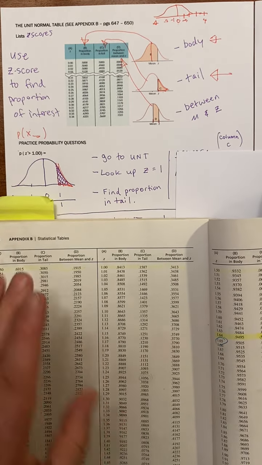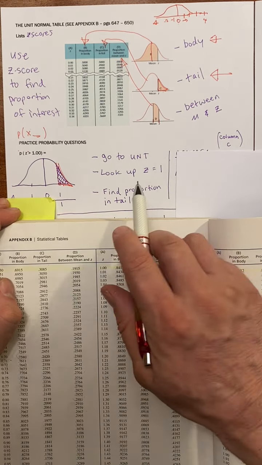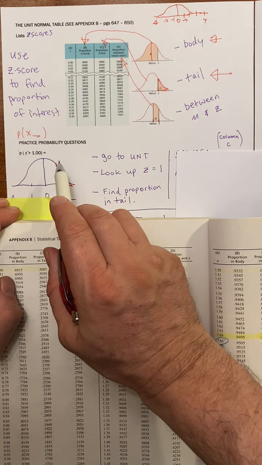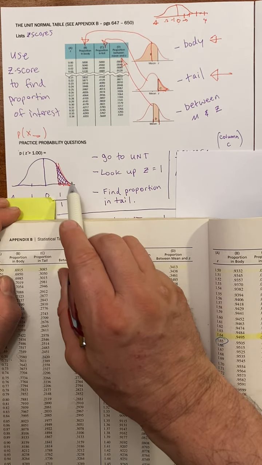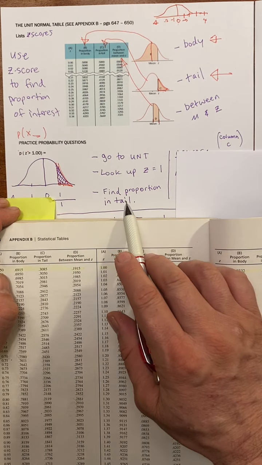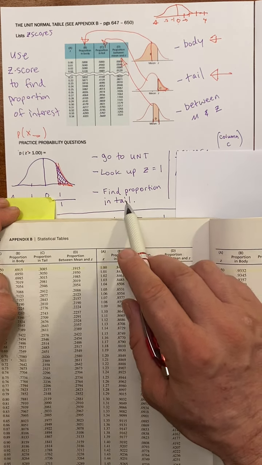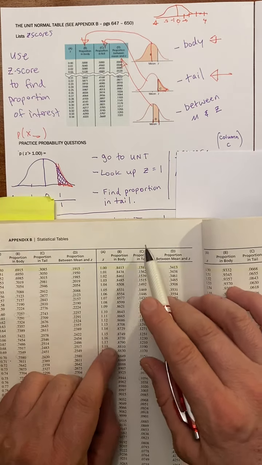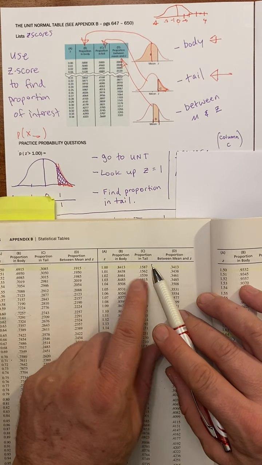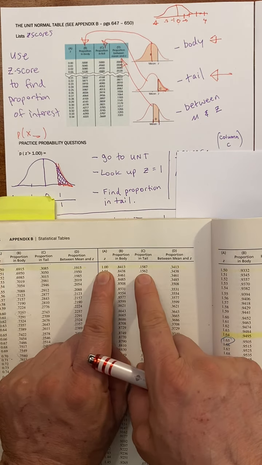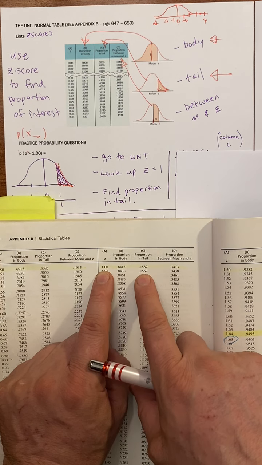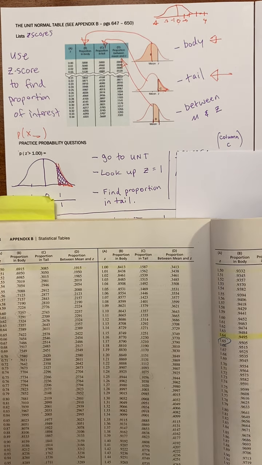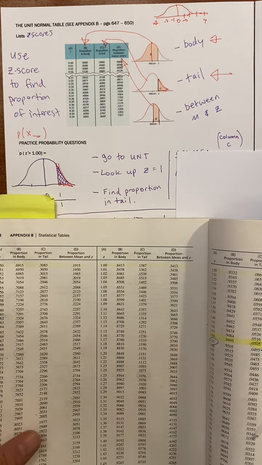Because I am only interested in this small part of the curve, I'm only interested in finding the proportion in the tail. So I'm going to go to my column C for my z of 1, and I'm seeing that I've got 0.1587.